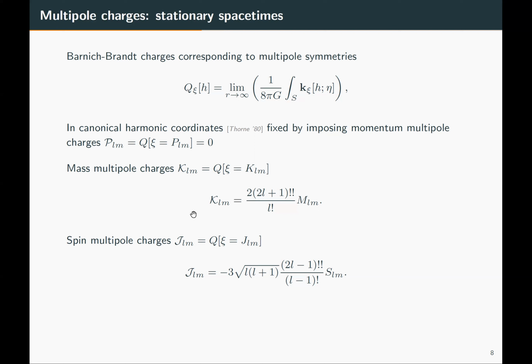True. Okay, the reason that we did that was that we just wanted to reproduce these two sets of multipole moments, which are accepted by the community to describe the gravitational field. But of course, there should be a third set. So physically, what does this third set of momenta mean?